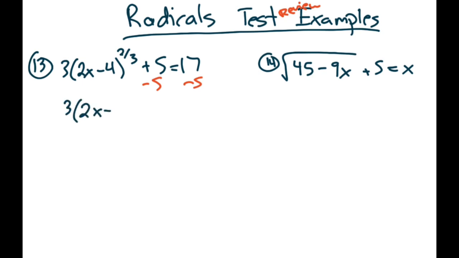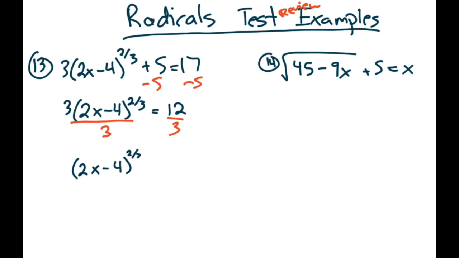So 3 times 2x minus 4 to the 2/3 power equals 12. And get rid of the times 3 in front, so I'm going to divide each side by 3. So 2x minus 4 to the 2/3 power equals 4.